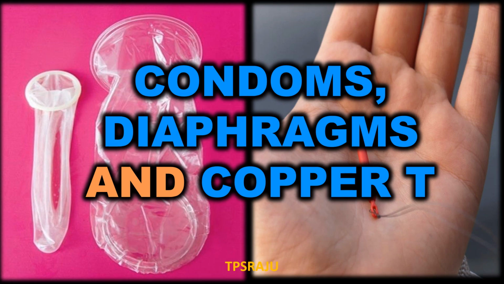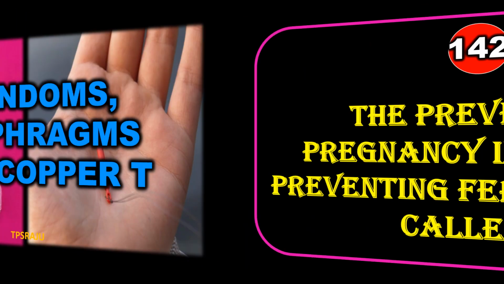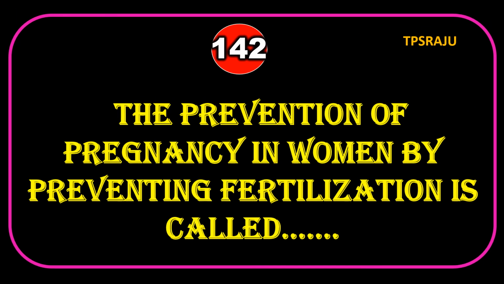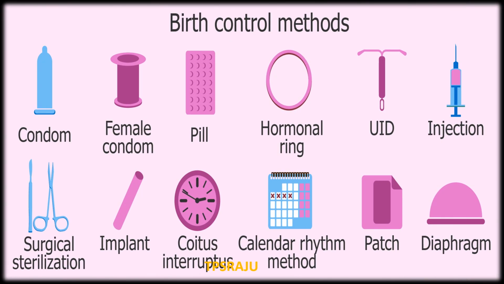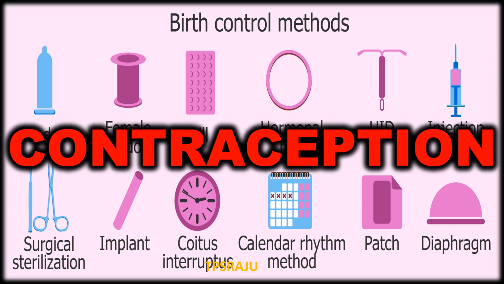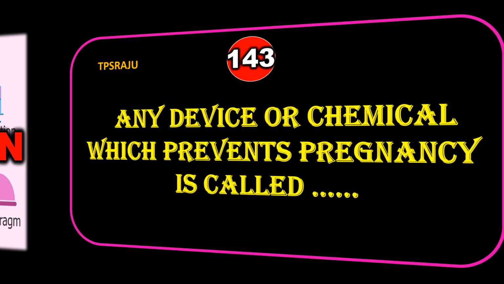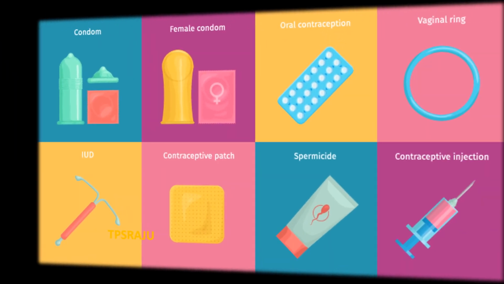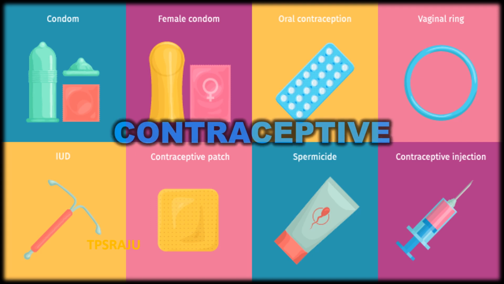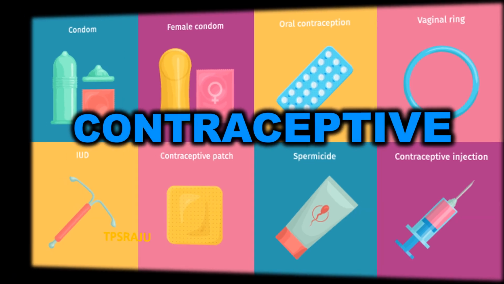Condoms, diaphragms, and copper T. The prevention of pregnancy in women by preventing fertilization is called contraception. Any device or chemical which prevents pregnancy is called contraceptive.